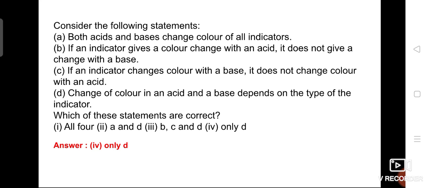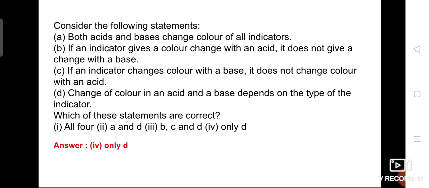If you take turmeric indicator and dip it in acid solution, it never changes its color. If you take China rose indicator and dip it in acidic solution, it turns green, isn't it? So it depends on what type of indicator we are using, only then the color will change.